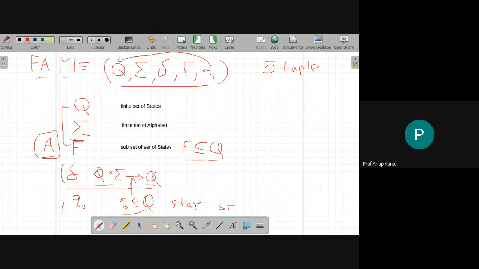Okay. So now I'll just refine the definition and clearly state what it means.